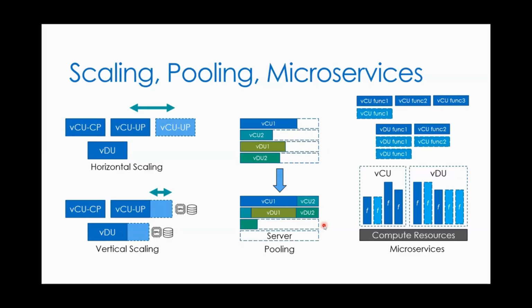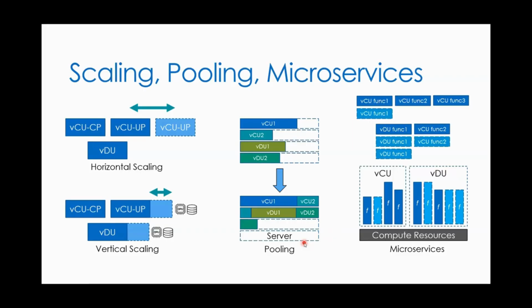And the idea of pooling is that I can have a set of resources, but I can now consolidate my functions across those. So at a point in time where I don't need that much compute horsepower, I can consolidate those potentially on a lower number of servers, and maybe I can put another server in power save mode or things like that.